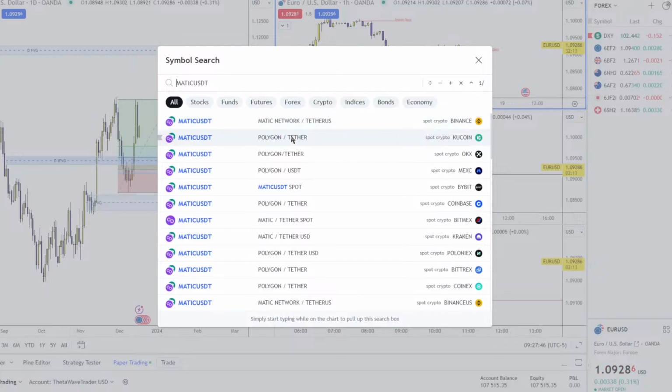Sammy, is this the one you're looking at? MATICUSDT. That one? Which one of these am I looking at here? The crypto one, the Polygon, or the Matic network? Pop up there in the chart. Tell me which one you want me to look at. Polygon, Tether, crypto coin, or this Beyonce here.